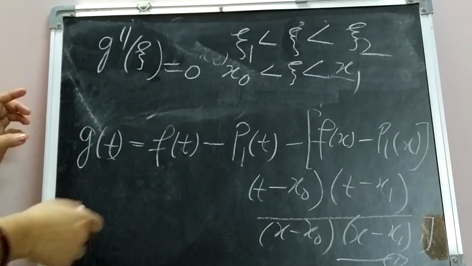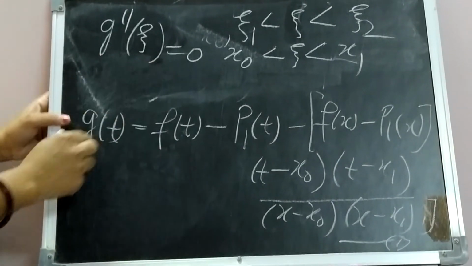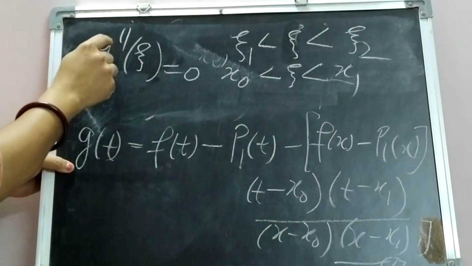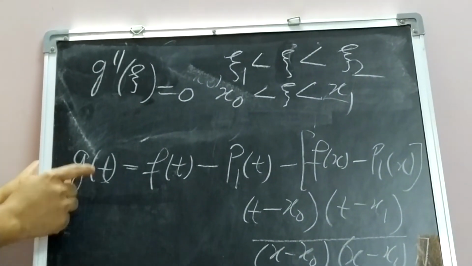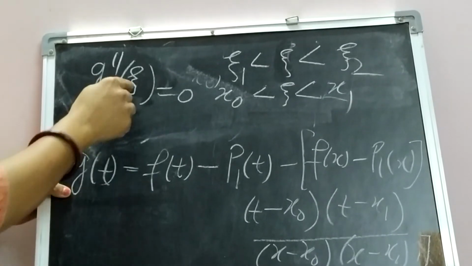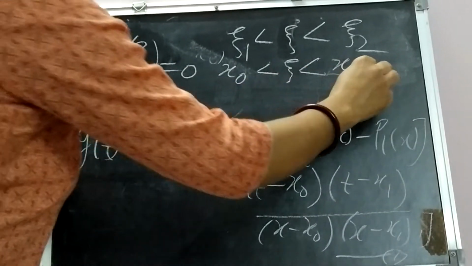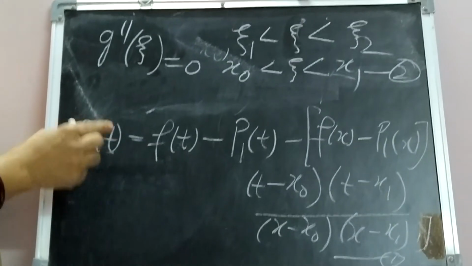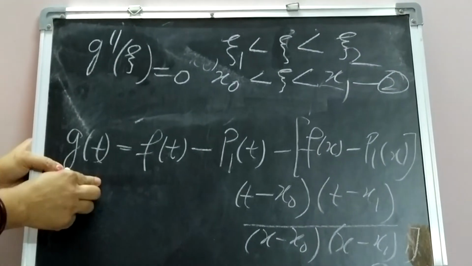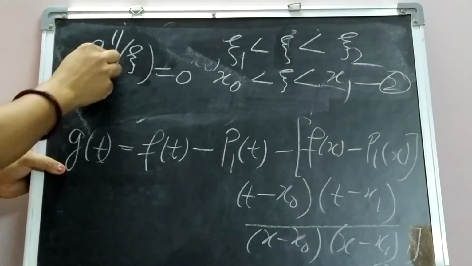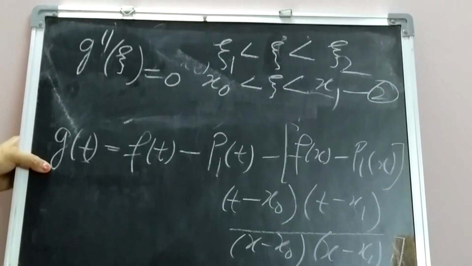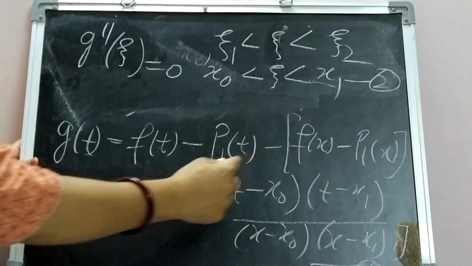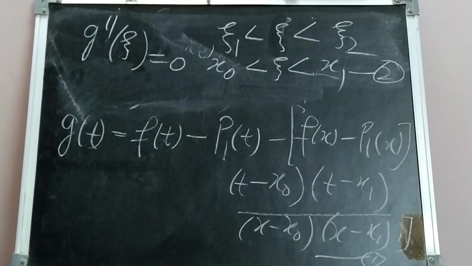So what we are going to do next is, we have this g(t) in equation number 1. From here we have to obtain g''(xi) and equate these two. So we name it equation number 2. From here we will find g''(xi), and then our approach will be to equate these, so that our aim after that will be to find the value of f(x). After simplifying we will find the value of f(x).